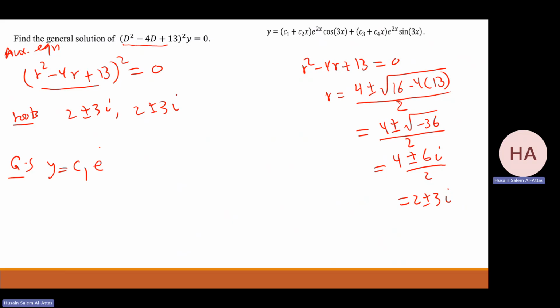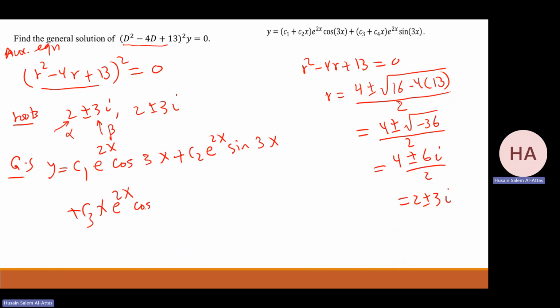C1 e to the 2x cosine 3x plus C2 e to the 2x sine 3x, not the square root of 3x right away, because this is alpha and this is beta, plus C3x e to the 2x cosine 3x plus C4x e to the 2x sine 3x, which is this one.